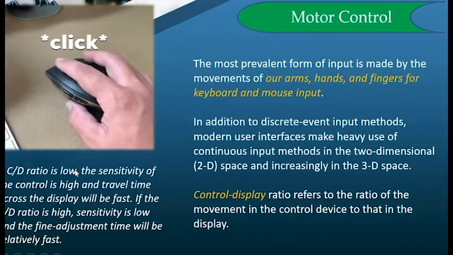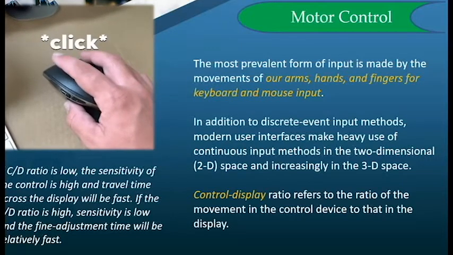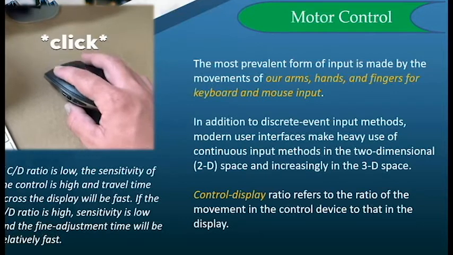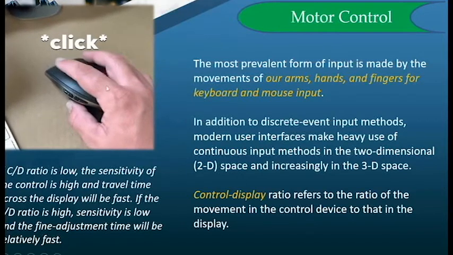That's just the movements of our arms, hands, and fingers for keyboard and mouse input. Basically it measures the ratio of the movement of a device to the display. For example, for the movement of the mouse, what is its ratio to what is displayed on the screen. That is motor control.